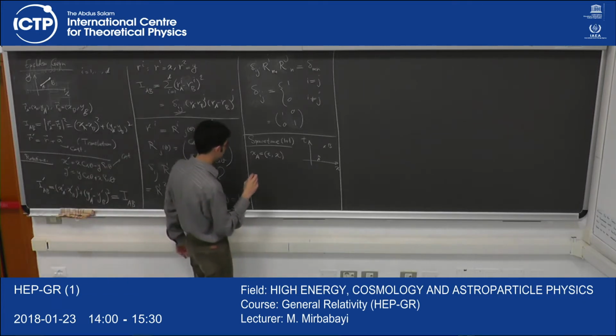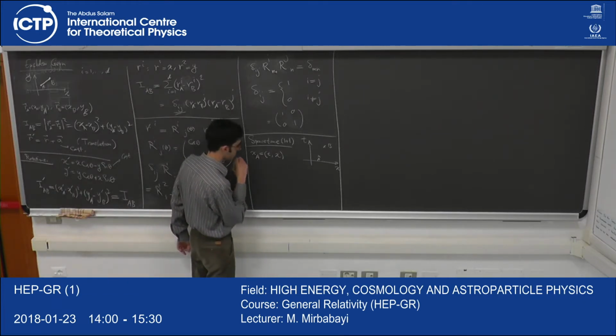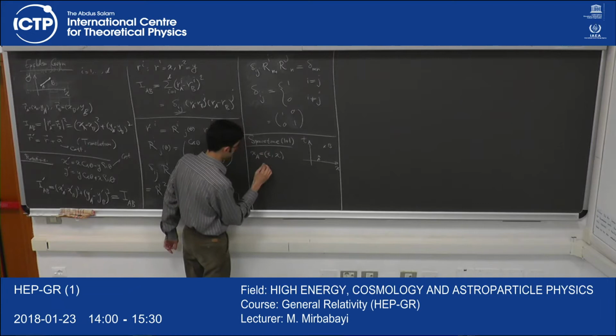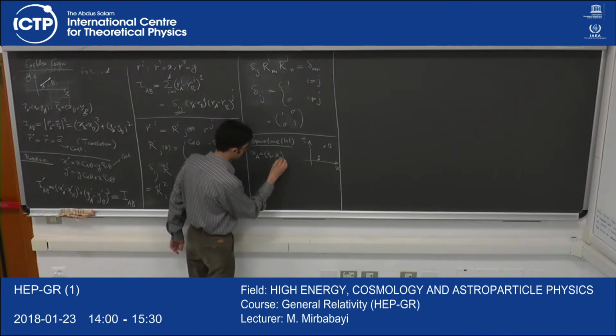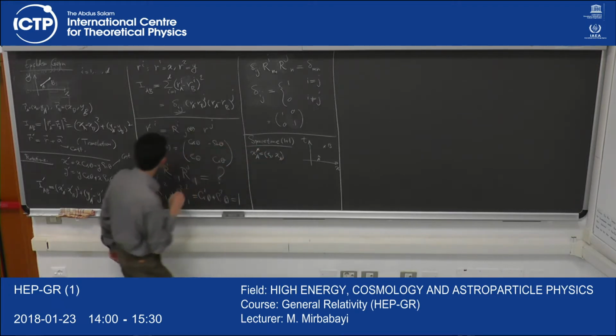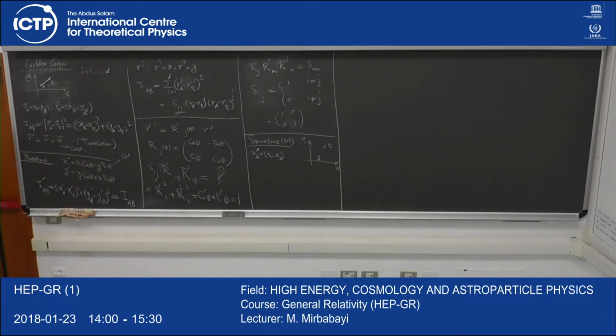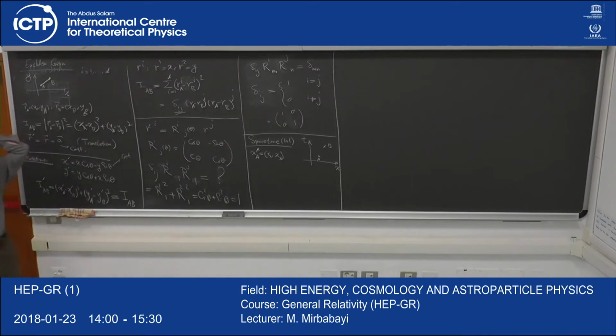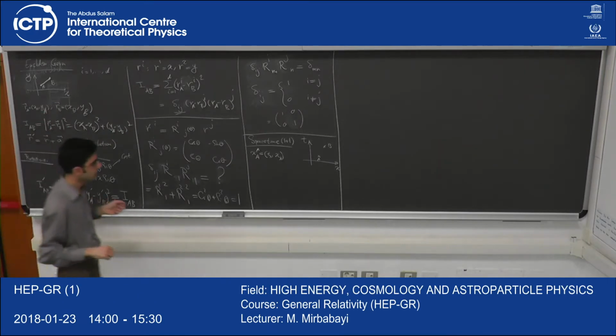I hope you distinguish it. So there is t_A and x_A. Let me put an index mu here. Here we were putting index i, which would run from 1 to d.